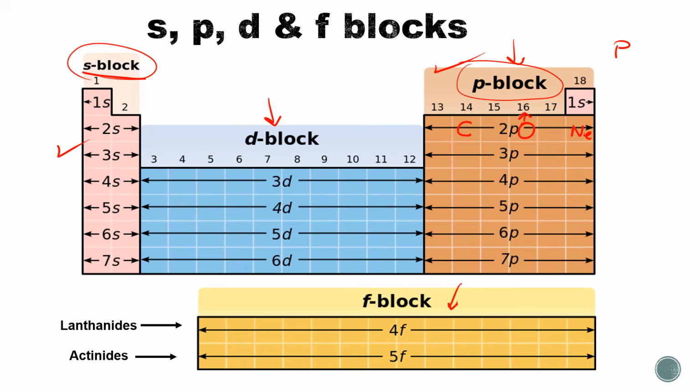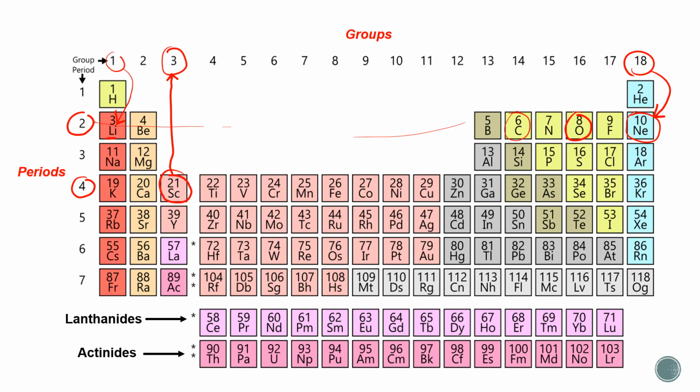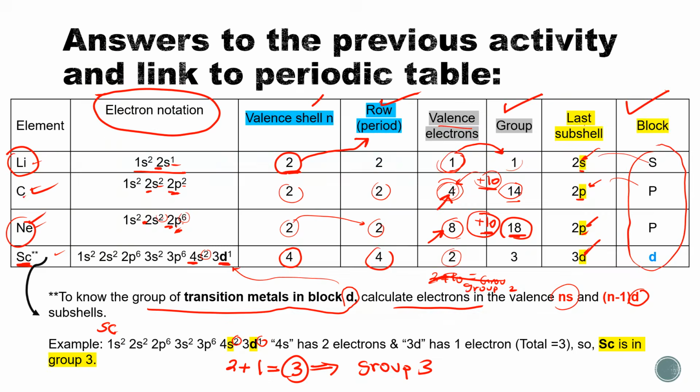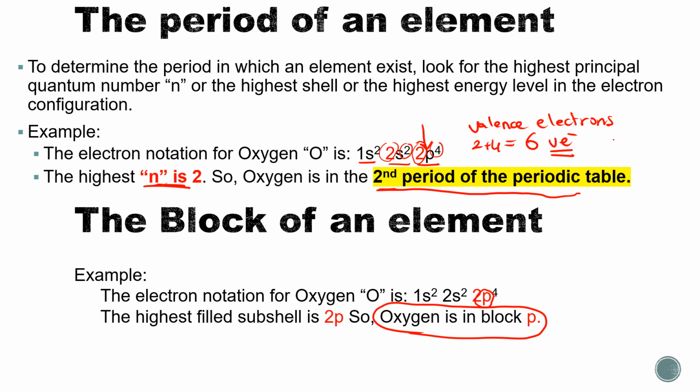And oxygen is in group 16. Can you see? The group will be 6 plus 10, which is 16. Okay, guys? So this is how we classify elements. This is how we know the location of elements in the periodic table using their electron notation.